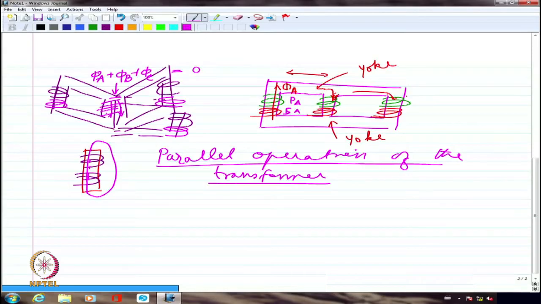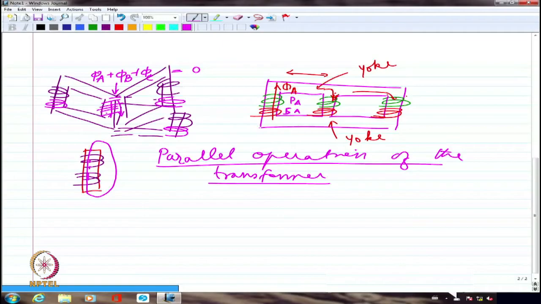Is there any condition for parallel connectivity of transformers? First of all, why do we need parallel operation of transformers at all? Any thoughts on why we need parallel operation? Is there any reason why you should have two transformers connected in parallel?